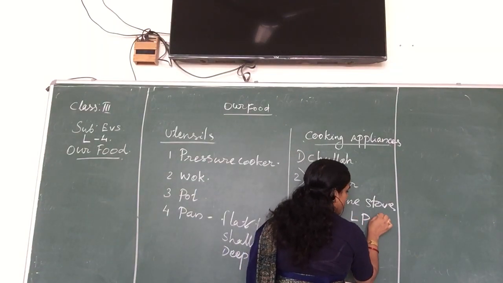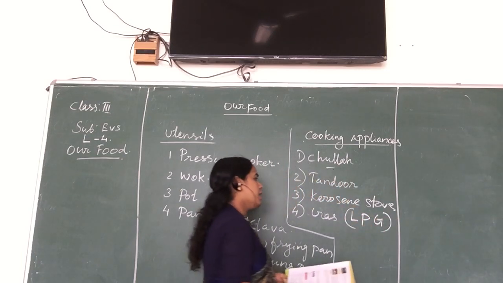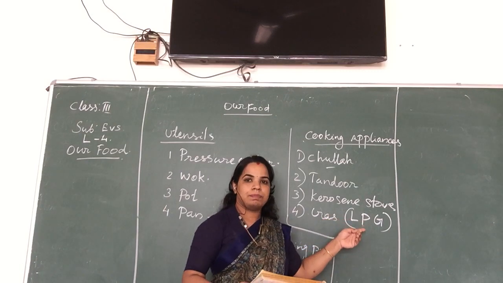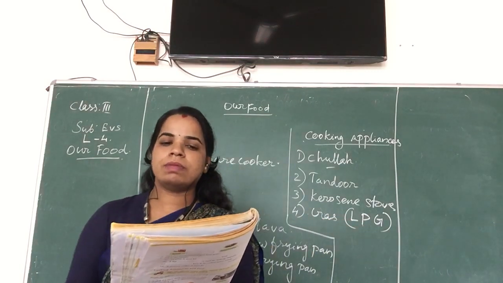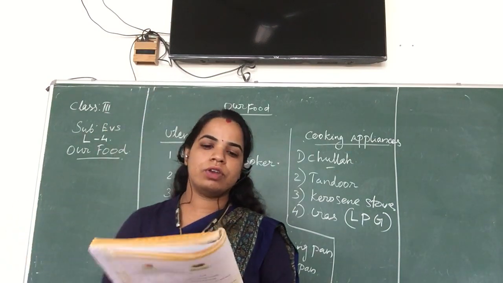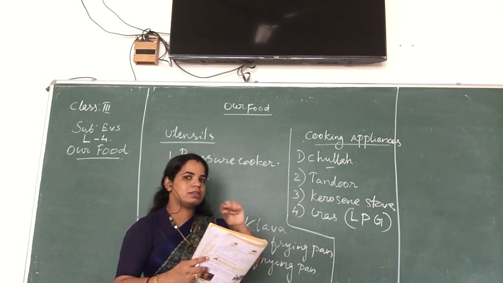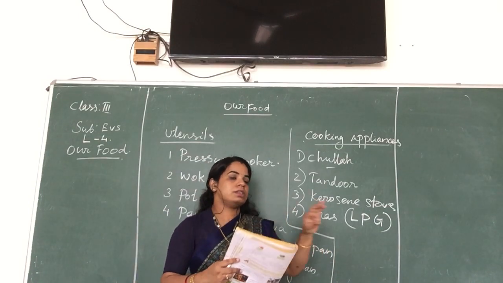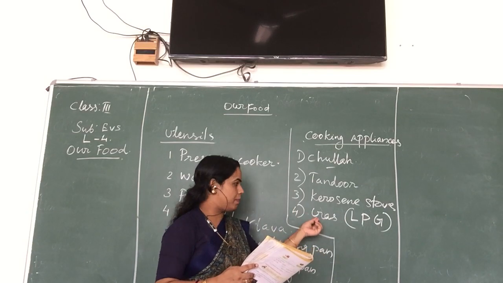Liquefied petroleum gas, LPG. We use LPG as a fuel in the gas stove. The fuel flows from the cylinder to the stove through a tube. We know that a tube connects the cylinder to the gas stove, and the gas moves through that tube so that we can prepare the food.